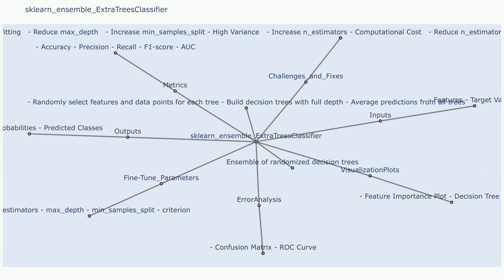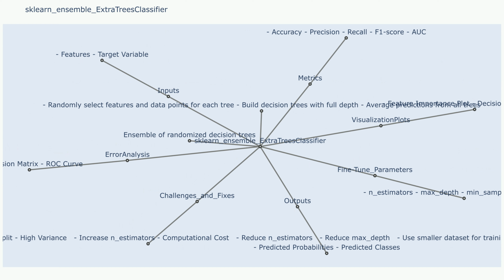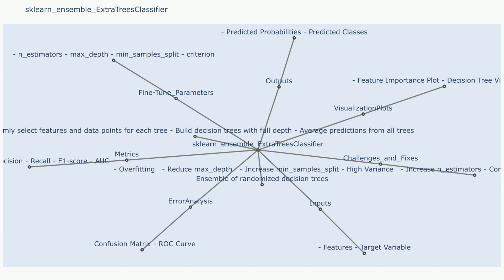Steps: bootstrap aggregating, bagging: randomly sample with replacement from the training data to create multiple subsets. Each subset will be used to train a separate decision tree. Random subspace for each tree and at each node: randomly select a subset of features to be considered for splitting the node.